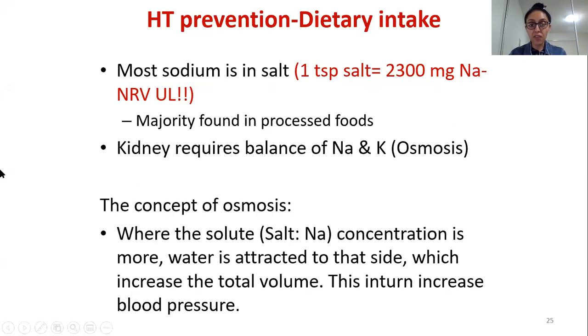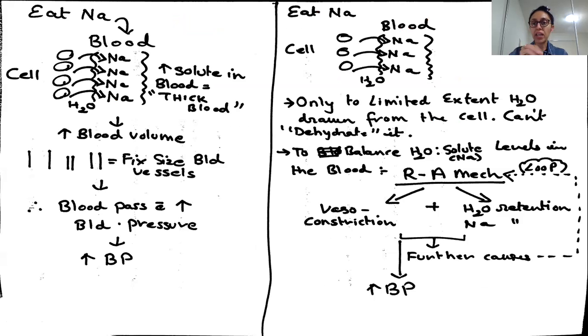I have written the mechanism in a very brief manner, but I thought it would be best to explain the actual mechanism as to how chronic intake of sodium over a prolonged period of time, and we are not talking about only salt, please remember, can result in hypertension, okay?